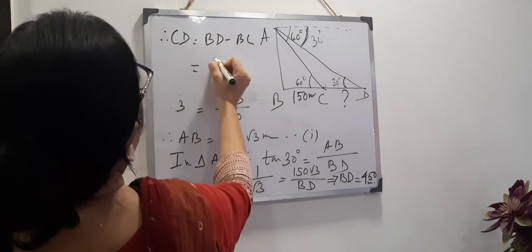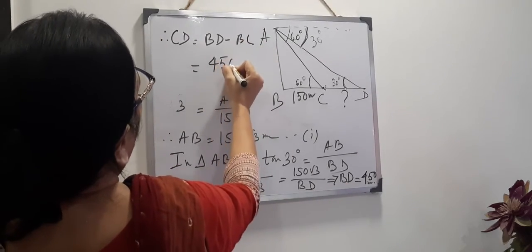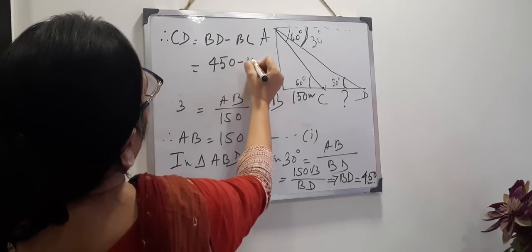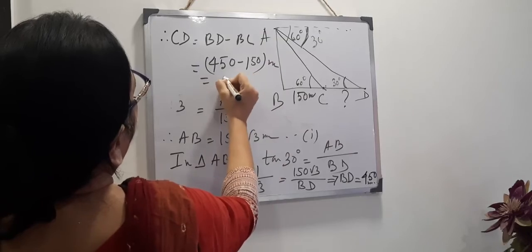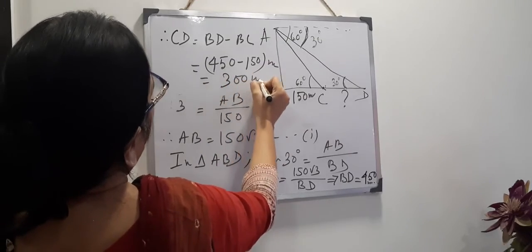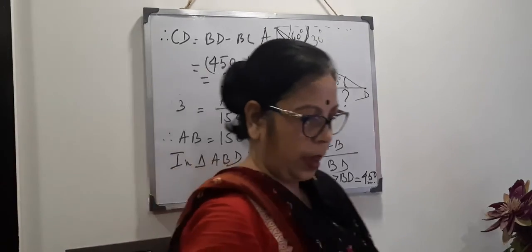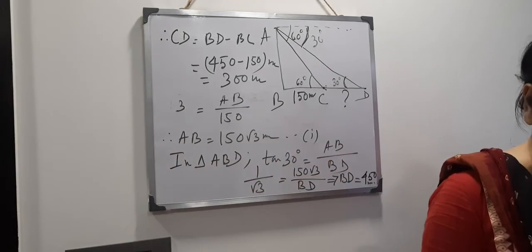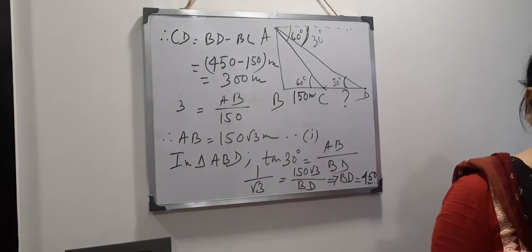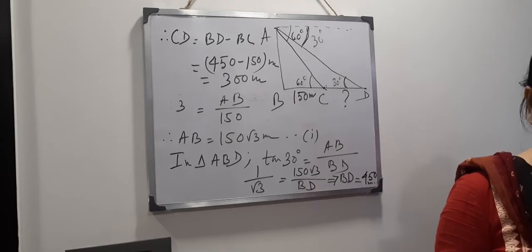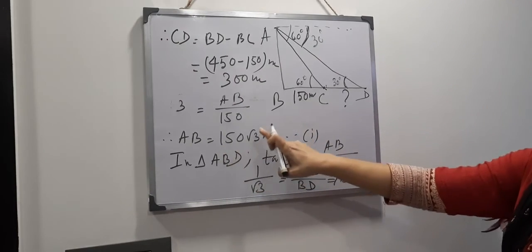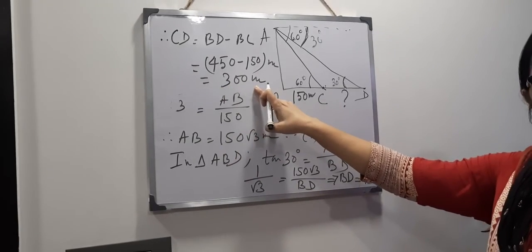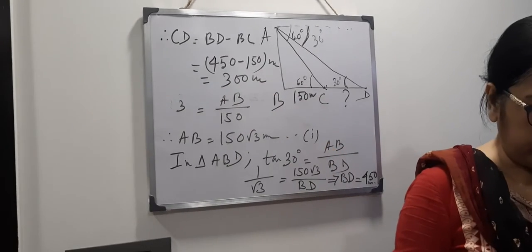BD is what? 450 and BC is what? 150. After subtraction, it is coming 300 meter. So your answer will be the distance of the mast of the other ship from the lighthouse is 300 meter. Clear?